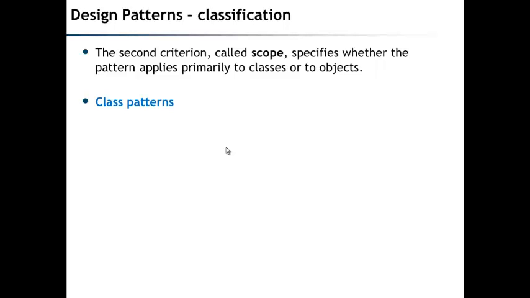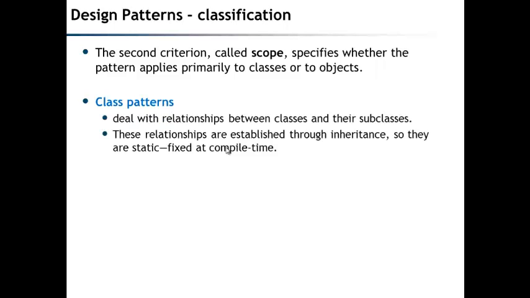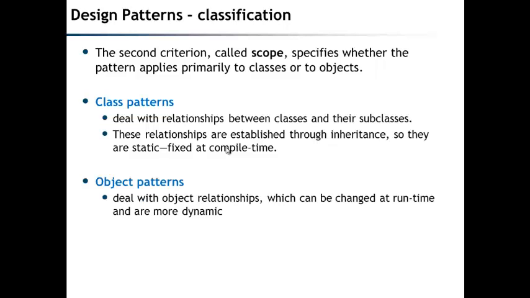Hence these are called class patterns, because you modify classes or class structures and use inheritance to create coupling between classes, and that's how you set up your class collaborations. So when I deal with relationships between classes using inheritance, it's a static, fixed, compile time decision that I take, and those patterns that use inheritance are class patterns.